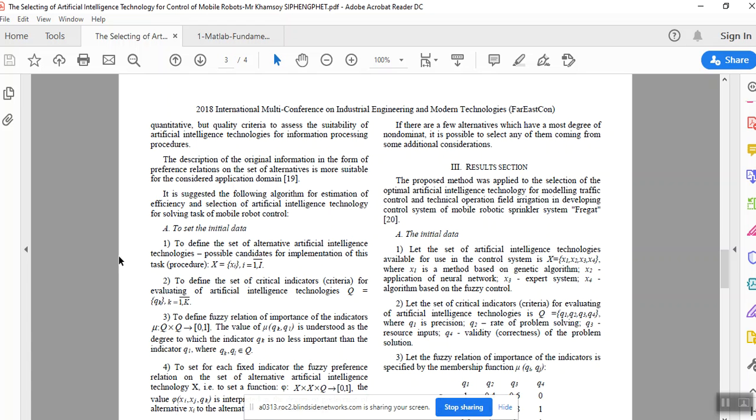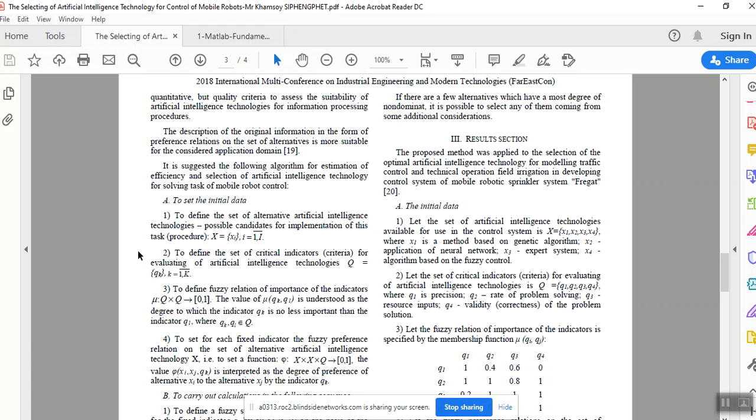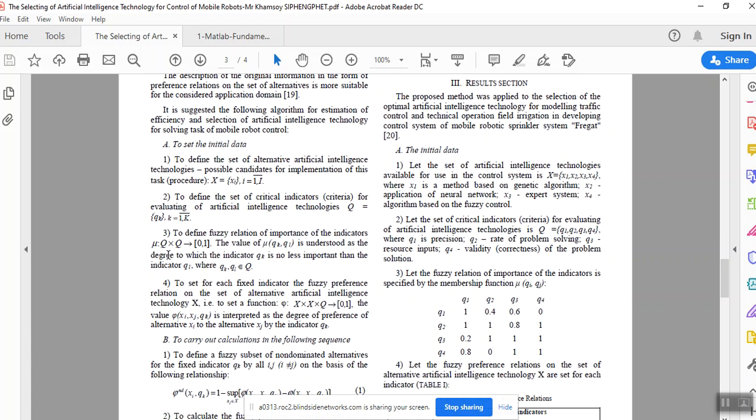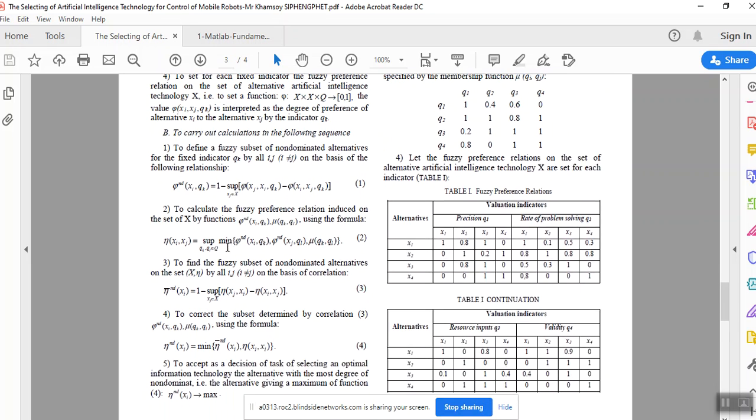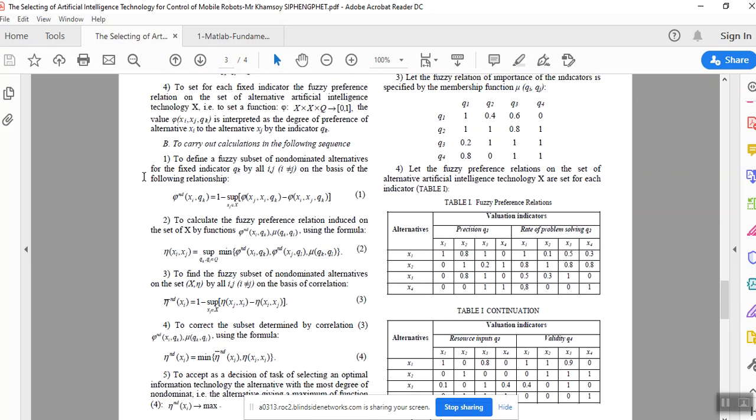So the first step is to set the initial data, following this function. Number two is to carry out calculation in the following sequence by following this equation.